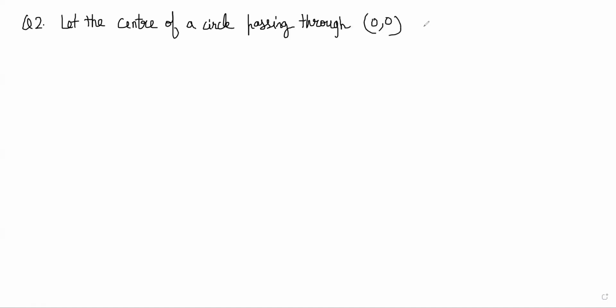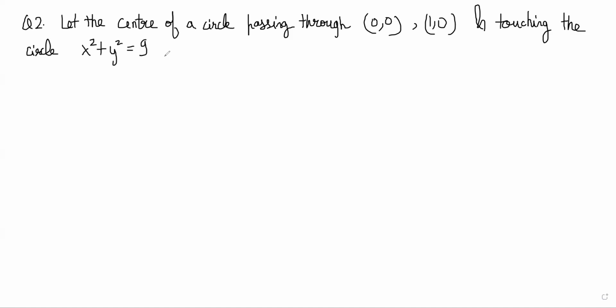Question number 2. In this question, it says, let the center of a circle passing through 0, 0, 1, 0 and touching the circle x square plus y square is equal to 9, be h comma k.